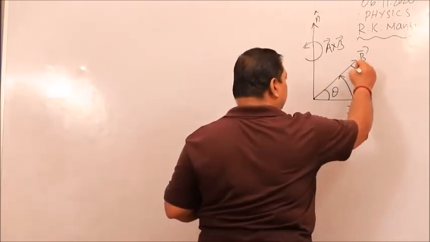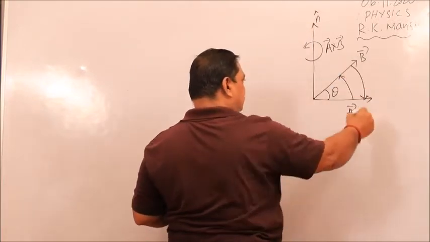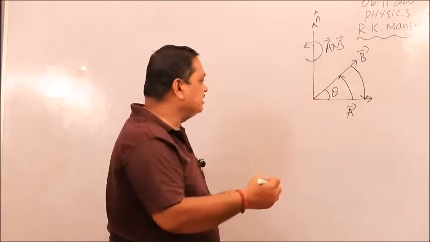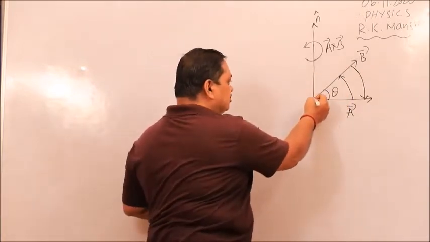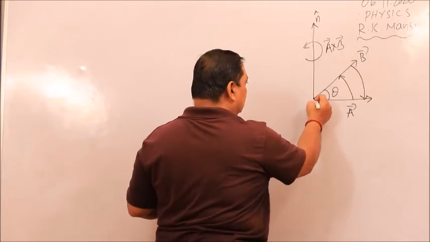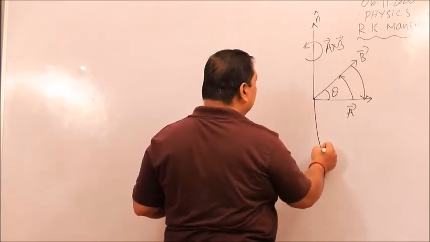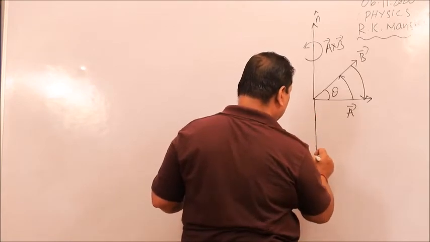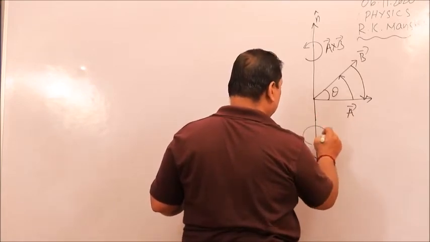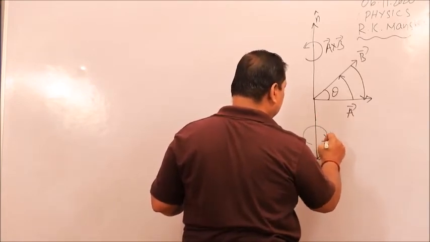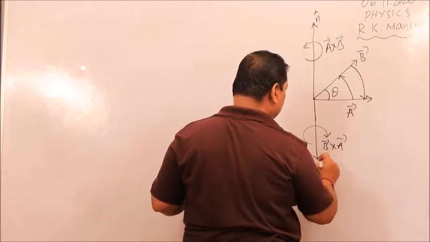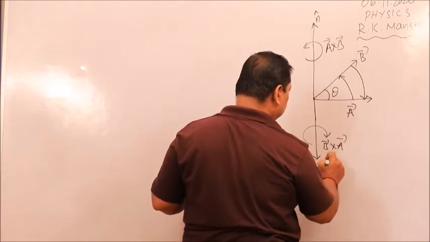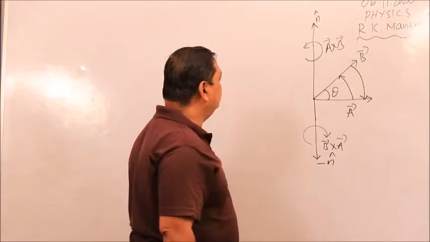If we move B cross A, that is clockwise direction, that means the screw will move into the blackboard, that is opposite to A cross B. This is clockwise, B cross A, this is minus n cap.